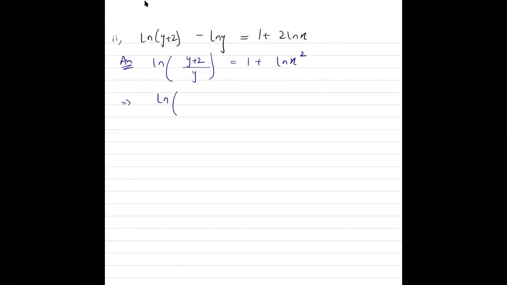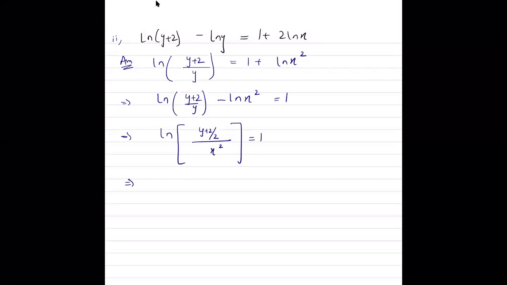Then ln of y plus 2 upon y minus ln x square equals 1. This could be written as ln of y plus 2 upon y divided by x square. Would you agree with me? Yes.